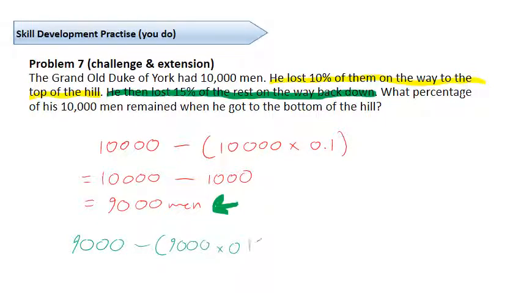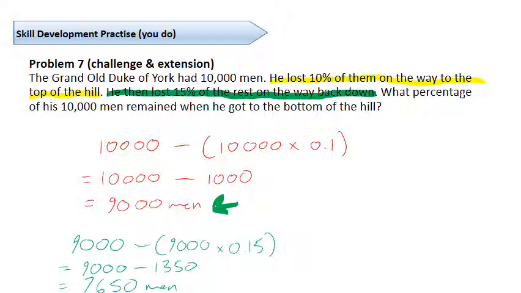So 15% as a decimal is 0.15. 9,000 minus 1,350, which is 15% of 9,000, leaves 7,650 men.